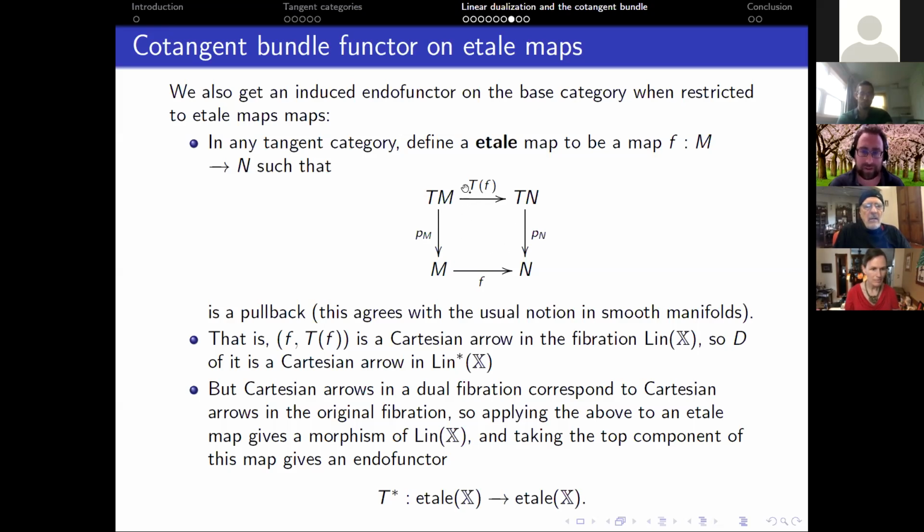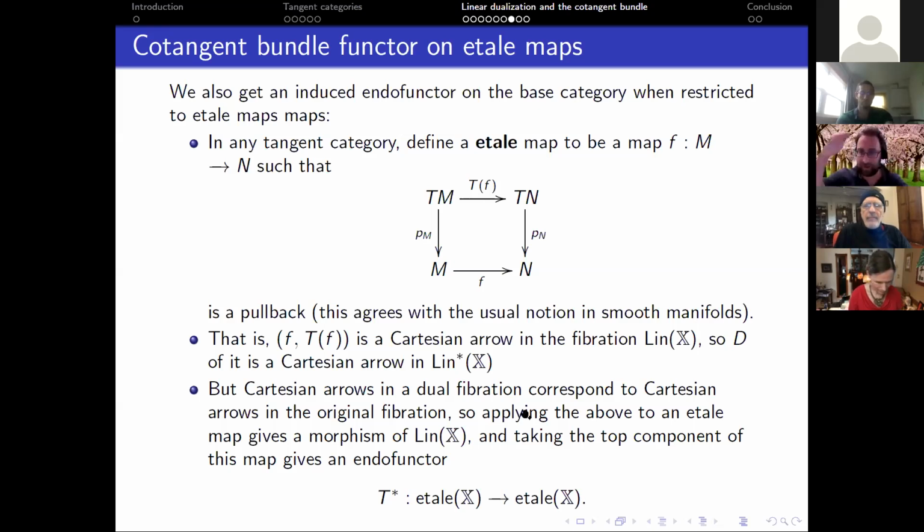So what does that say? That says this pair is a Cartesian arrow in this fibration here. So by definition, if I apply D to it, I'd get a Cartesian arrow in the dual of the linear fibration. But the way you construct the dual fibration, Cartesian arrows in the dual fibration correspond to Cartesian arrows in the original fibration. So if I do this whole procedure on an étale map, I can see it as giving an element of Lin of the differential bundles, not the dual of differential bundles, just differential bundles by itself.